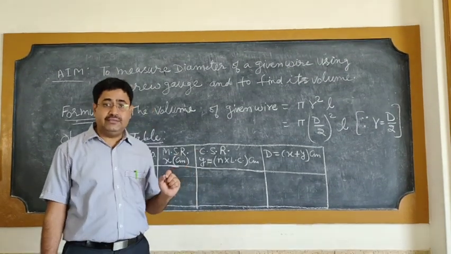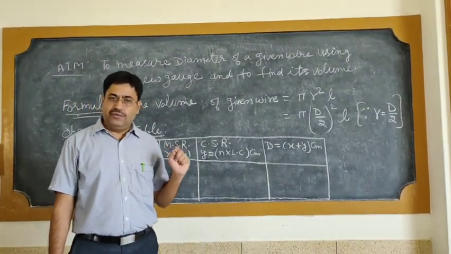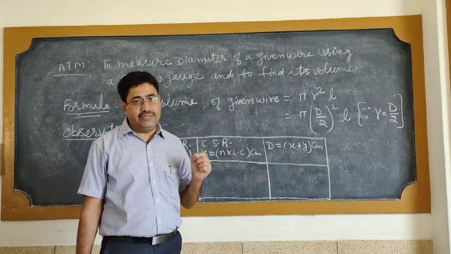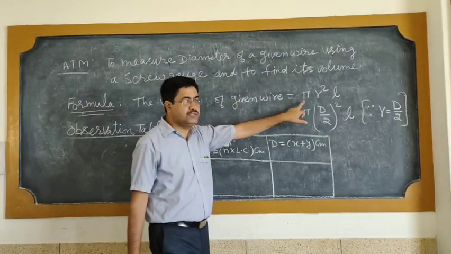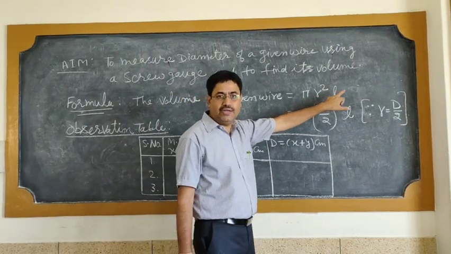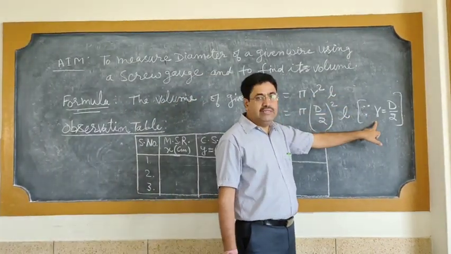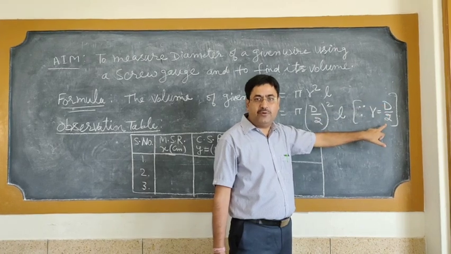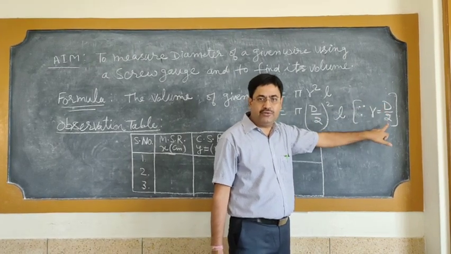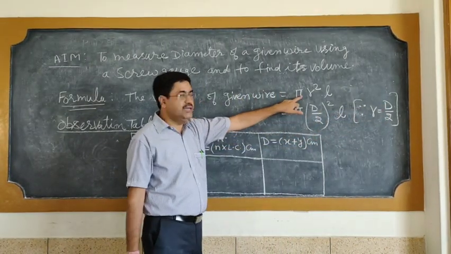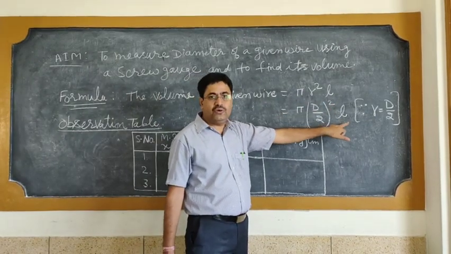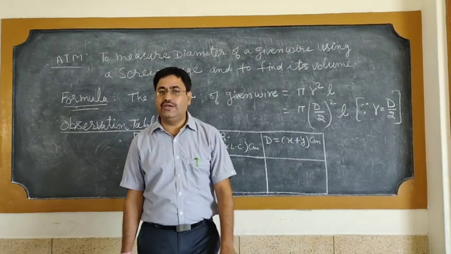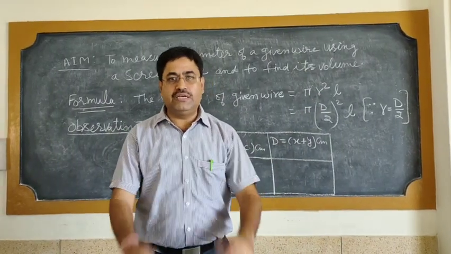Now to find the diameter, we can use the screw gauge, and to find the volume we have to use the formula. The volume of the given wire equals pi r squared L, and all of you know that radius equals diameter upon 2. If I put the value here, it becomes pi (d/2) whole squared into L. So by using this formula we can find the volume of the given wire.